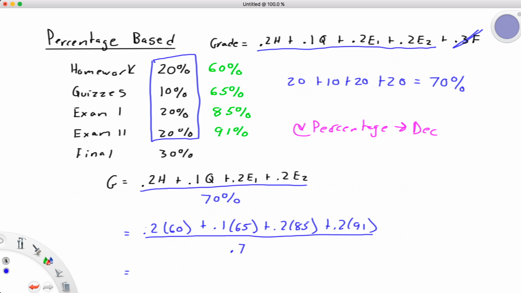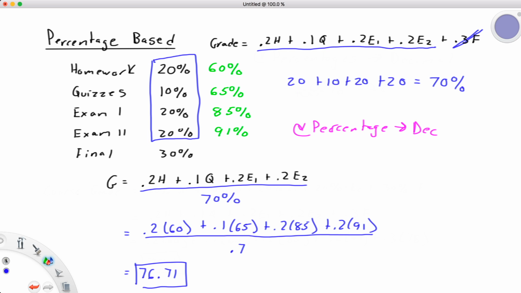Right, and when we add all of this up and then divide by 0.7, we're going to get approximately 76.71. And so going into the final, our current grade in this example is a 76.71.